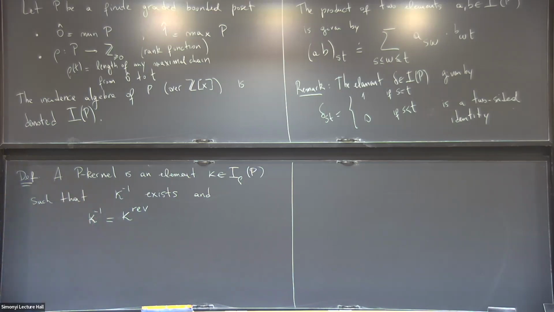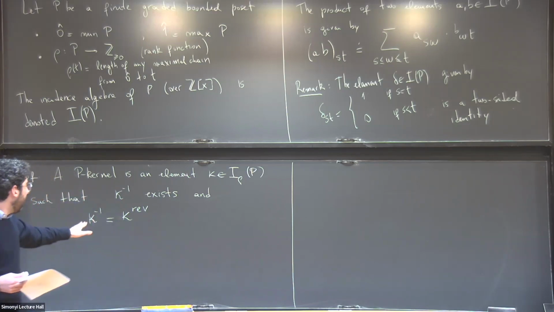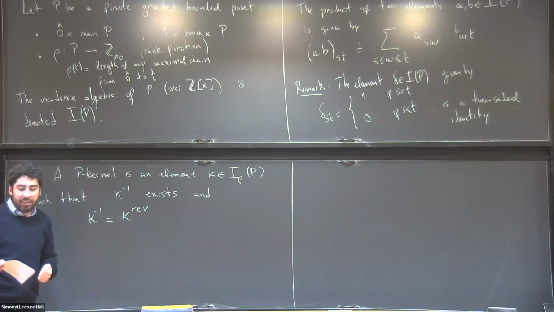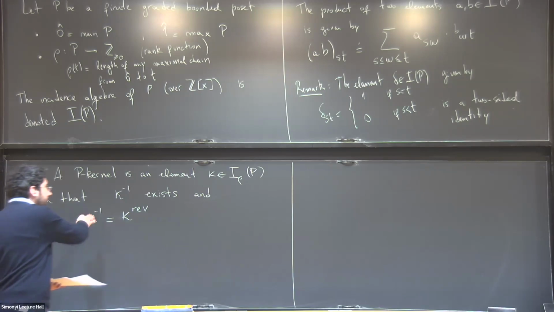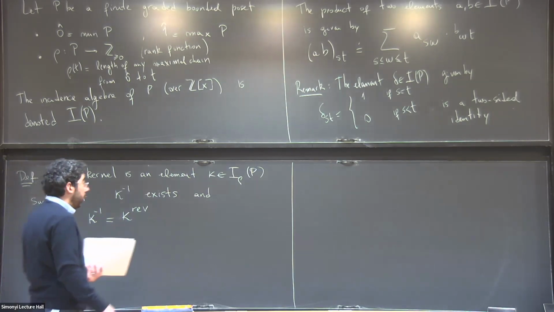So a priori, one would think that having a kernel is very rare. There's no reason to expect that there will be many kernels. Of course, there could be some trivial ones like the identity, but if one wants to think of more interesting examples, it's very tricky to get convinced that something like this could exist a priori. But the thing is that these things are quite pervasive.